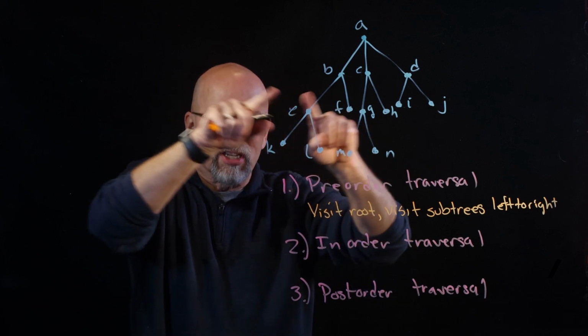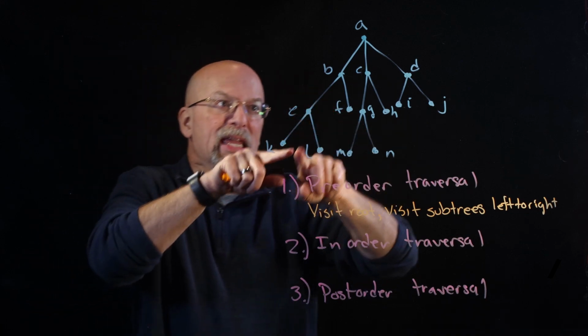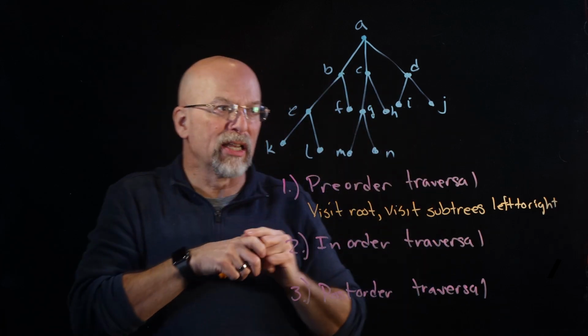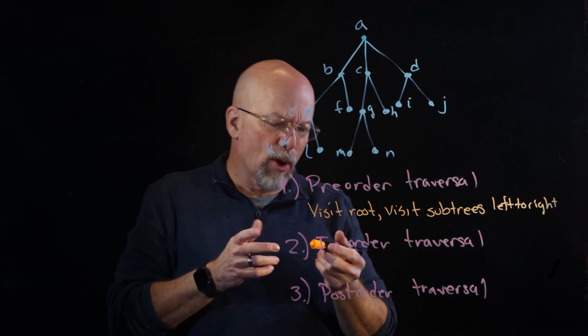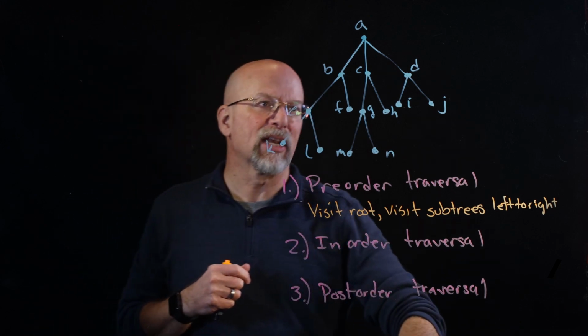Once you've finished visiting the whole tree of E, you go back up to B and visit its next one from left to right, which would be F. So in that case, we are actually getting an order.